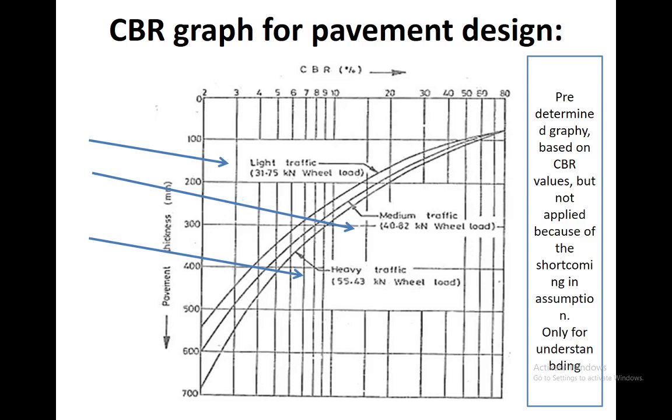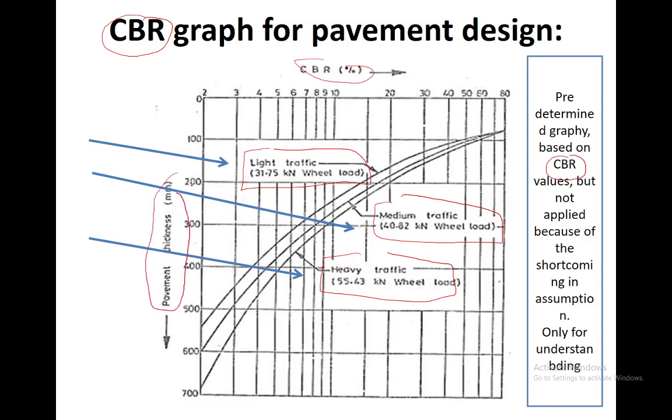This is the CBR graph method through which we determine the value of the pavement thickness, which we compare with the value of CBR. First of all, we get the California bearing ratio, the bearing capacity, and then we compare it with the traffic consideration, which is already provided in terms of light traffic, medium traffic, and heavy traffic.